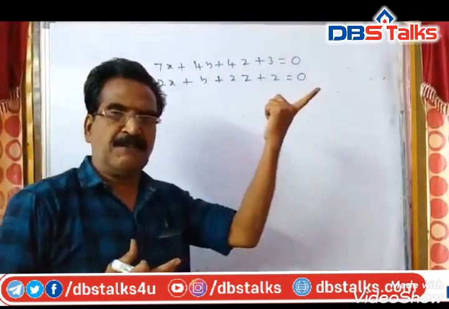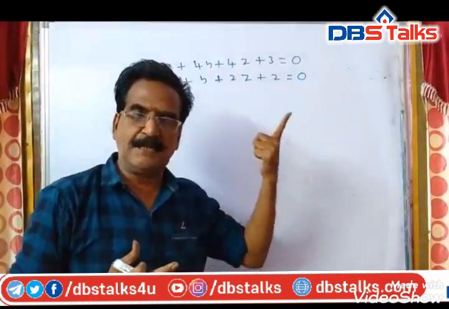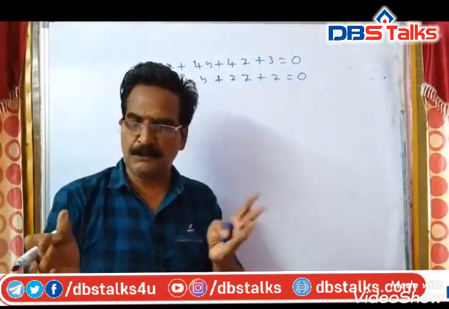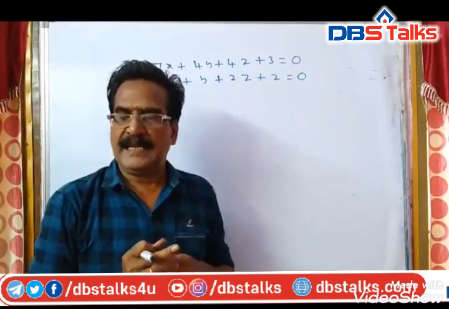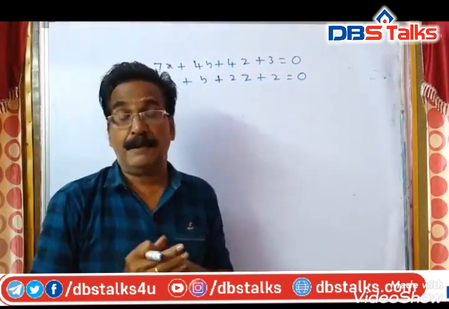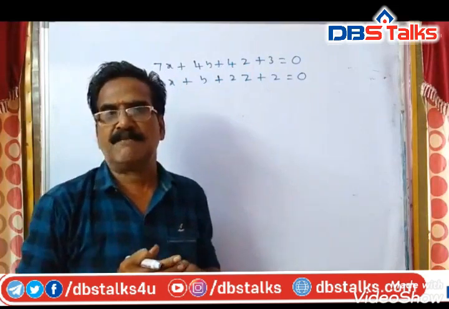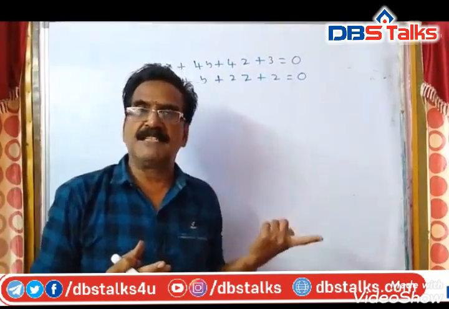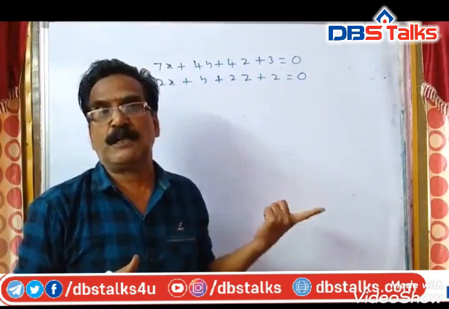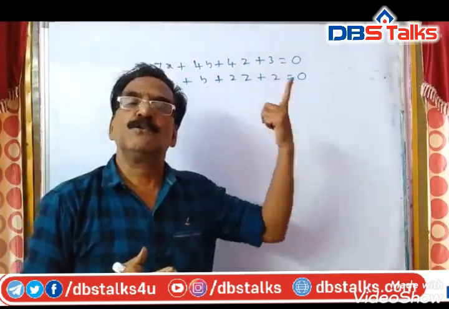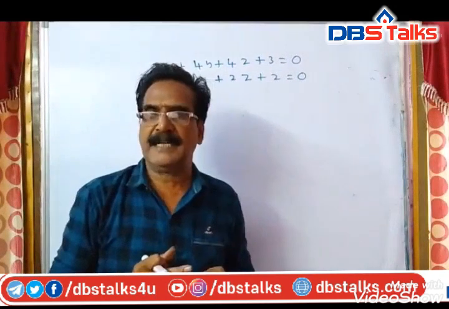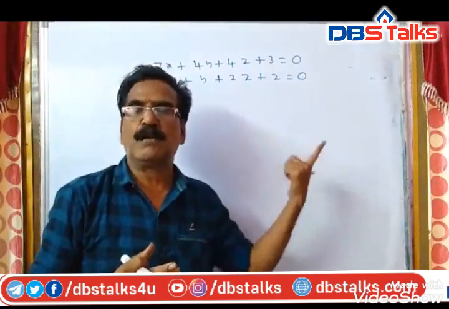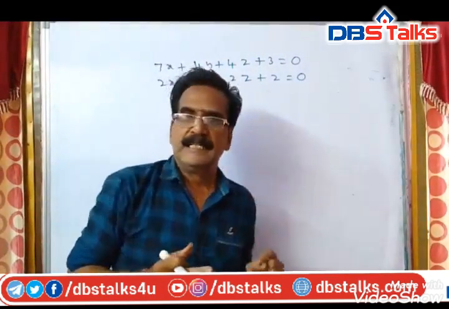If a1x + b1y + c1z + d1 = 0 and a2x + b2y + c2z + d2 = 0 are the 2 planes, then the equation of the bisector is (a1x + b1y + c1z + d1) / root of (a1² + b1² + c1²) = plus or minus (a2x + b2y + c2z + d2) / root of (a2² + b2² + c2²).